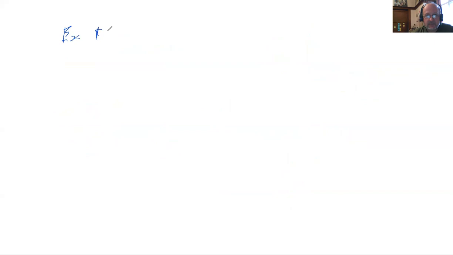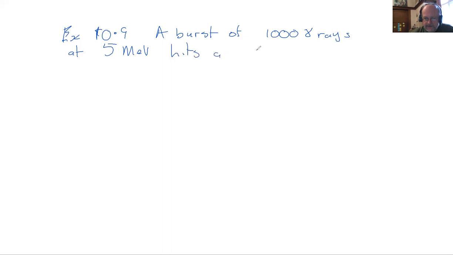Exercise 10.9: a burst of 1000 gamma rays at 5 mega electron volts hits an 18.2 centimeter plate of aluminium. How many gamma rays pass?